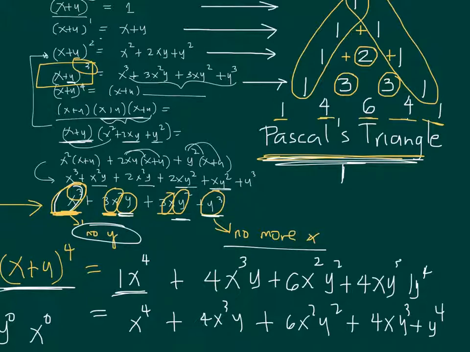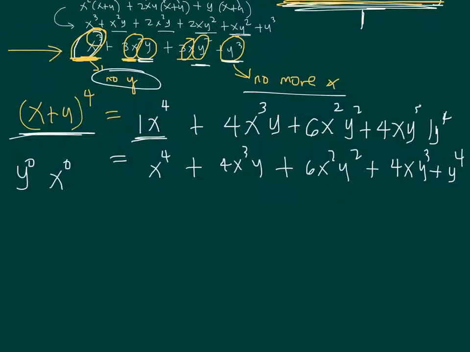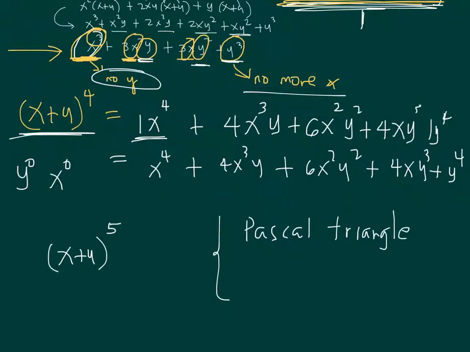Okay, now as an exercise, I'll be leaving one problem for you to work on, and hopefully you can do the expansion of x plus y to the 5 on your own. So tip, use the Pascal triangle, and then use the pattern for x and y.